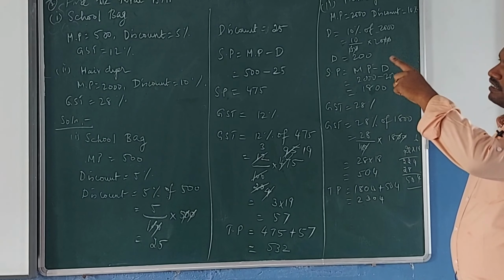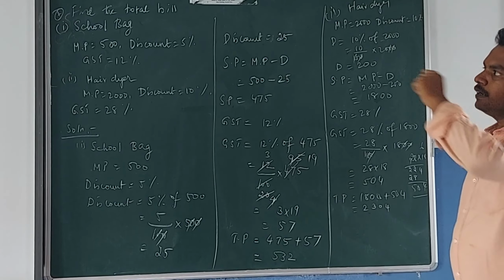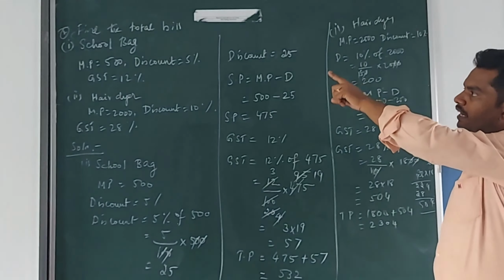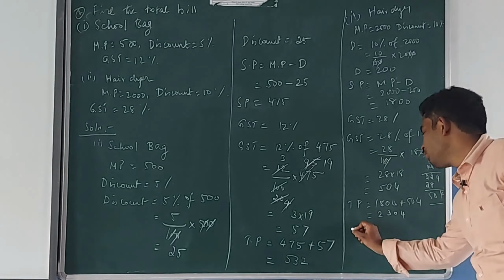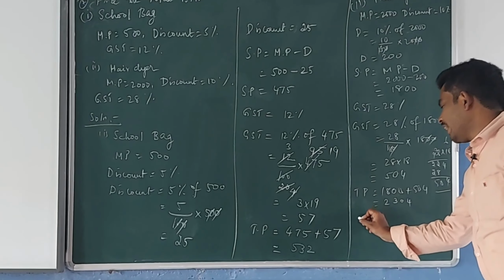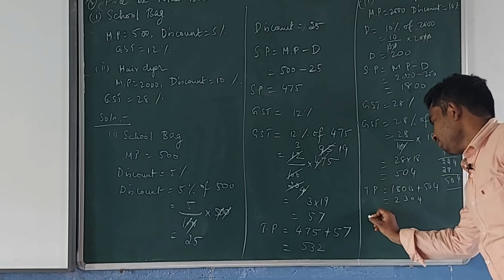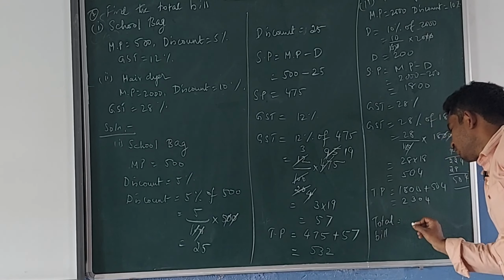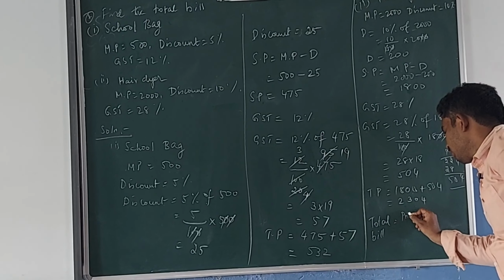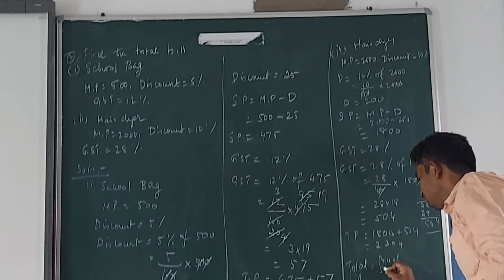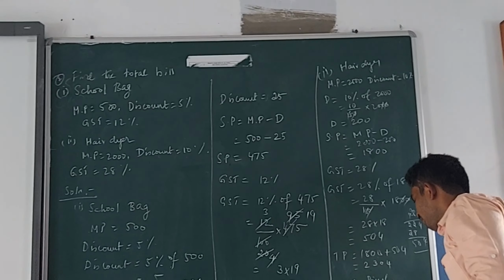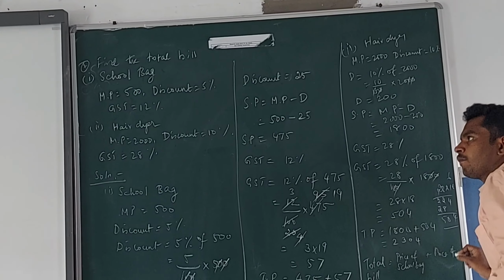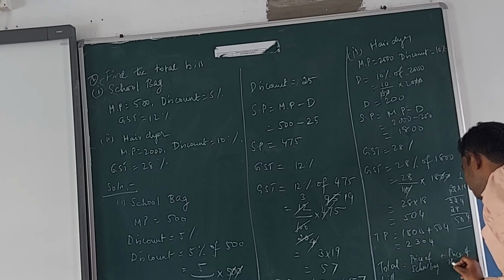So we have to find total bill. So we have to add both school bag and hair dryer. So total bill equal to price of school bag plus price of hair dryer.